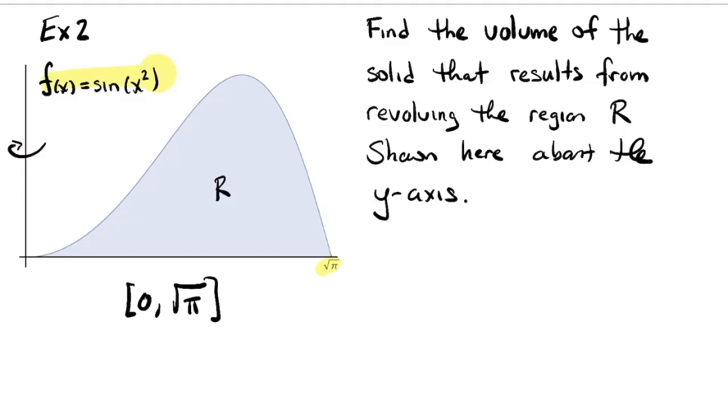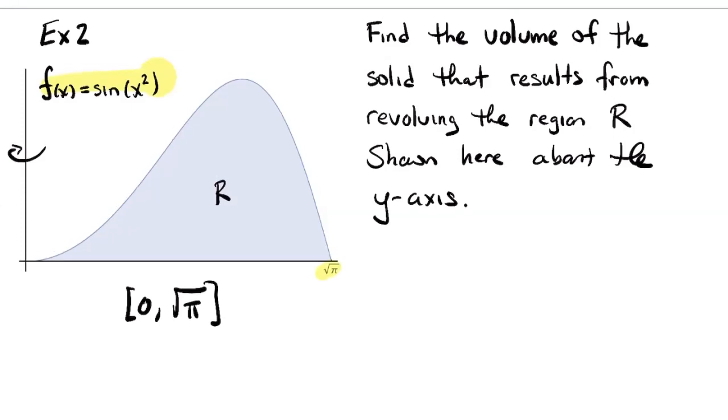We're looking at the region R bounded by sine of x squared, the x-axis, between x equals 0 and x equals root pi. I'd like to find the volume of the solid that results from revolving that region R around the y-axis. You can imagine what that solid would look like.